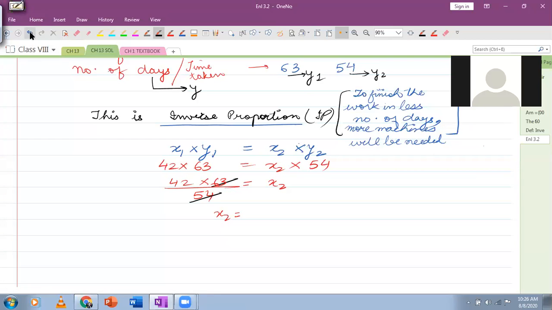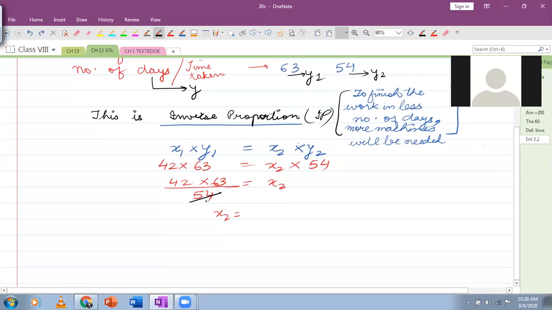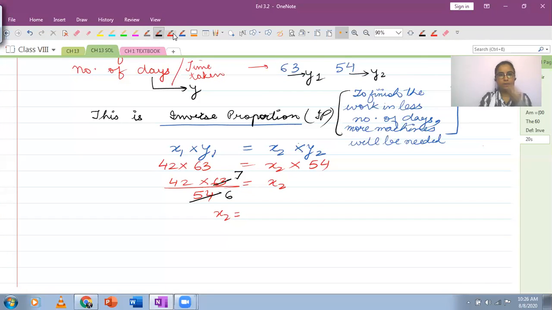So dividing by 9 and then dividing by 6, x2 comes out to be 49. So 49 machines will be required.